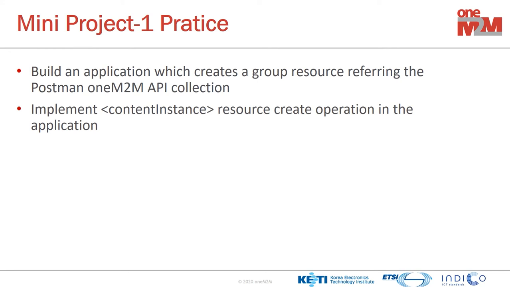You can do the same thing because everything is just oneM2M APIs, and we have done it with Postman, and now it's time for us to do the same thing with your source code. Again, firstly, you should create a group resource, and then you should be able to send the group fan out retrieval and resource creation over the fan out of that group resource.